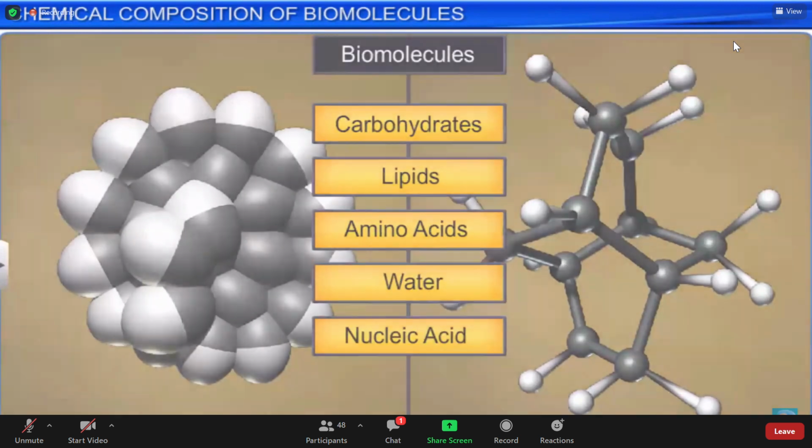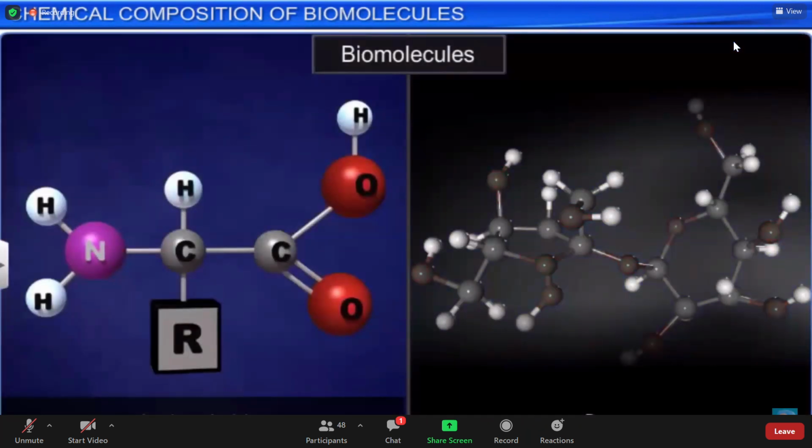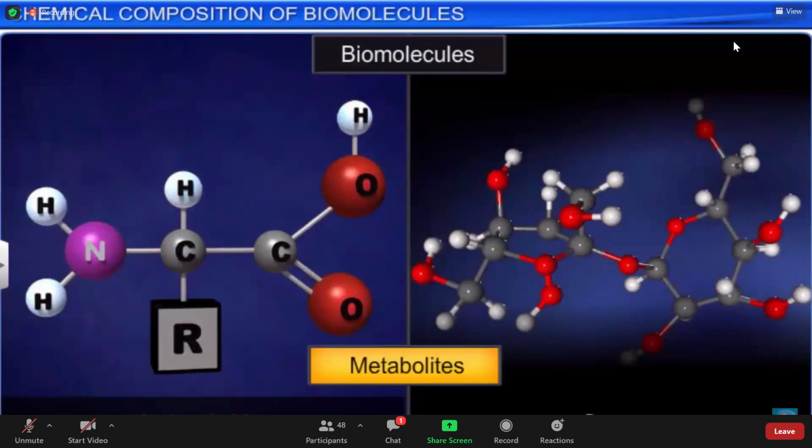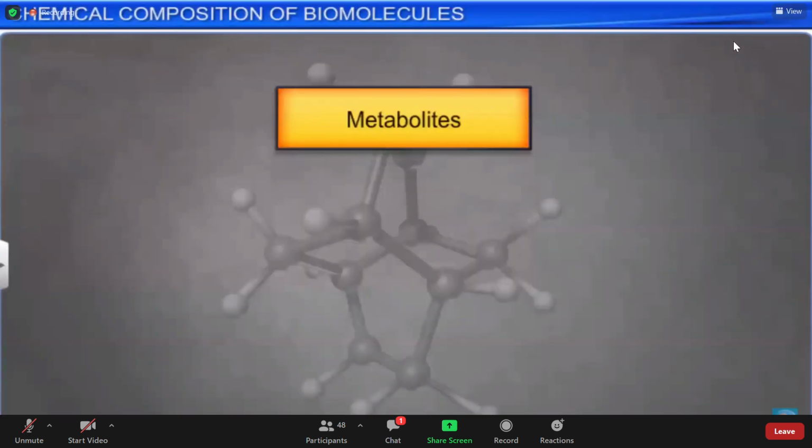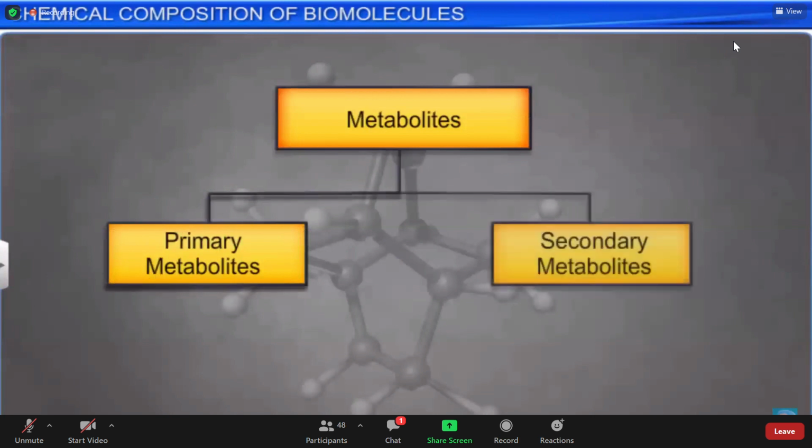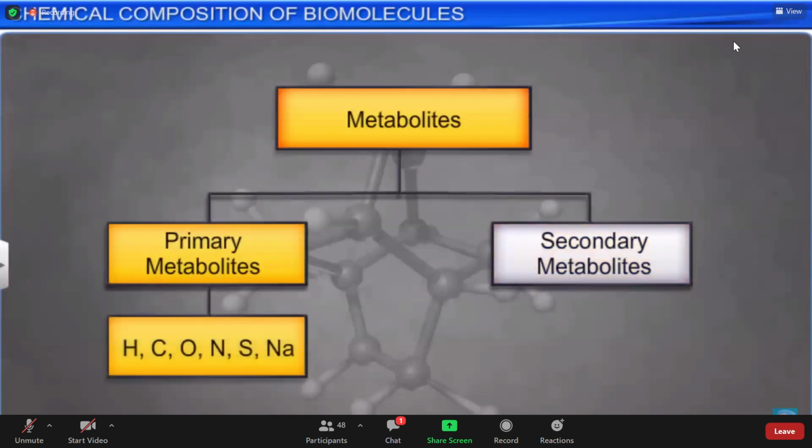Biomolecules such as amino acids and sugars are also known as metabolites because they are intermediates and products of metabolism. They are classified as primary and secondary metabolites. Compounds such as hydrogen, carbon, oxygen, nitrogen, sulfur, and sodium, which are involved in normal growth, development, and reproduction, are called primary metabolites.